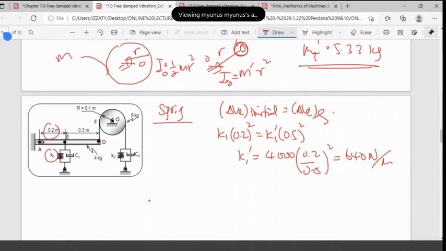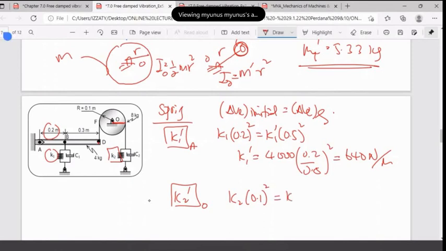Then we have another one, K2. Here is K1 prime; put another one, K2 prime. The K2 is not multiplied by 0.5, because it's not rotating about A. This one will be rotating about O, this one about A; it's two different things. So K2 has only this displacement of 0.1, power of 2, equal to K2 prime.